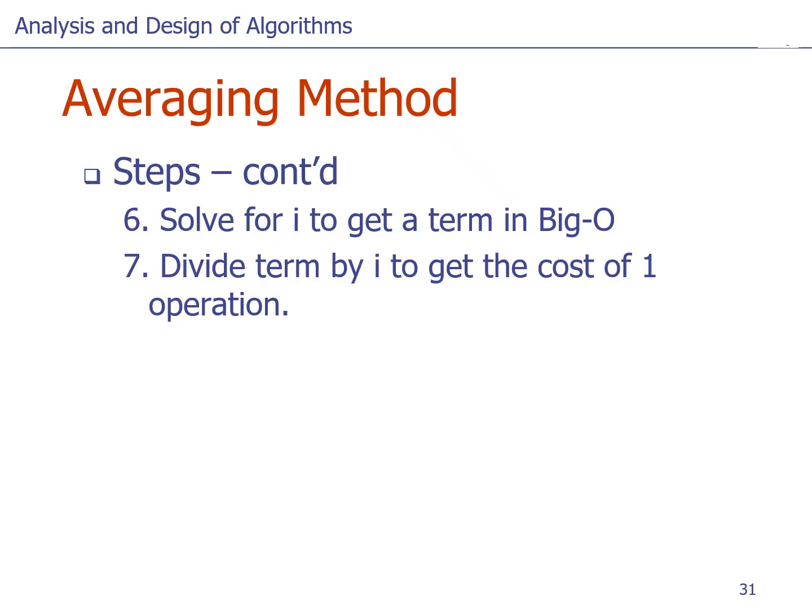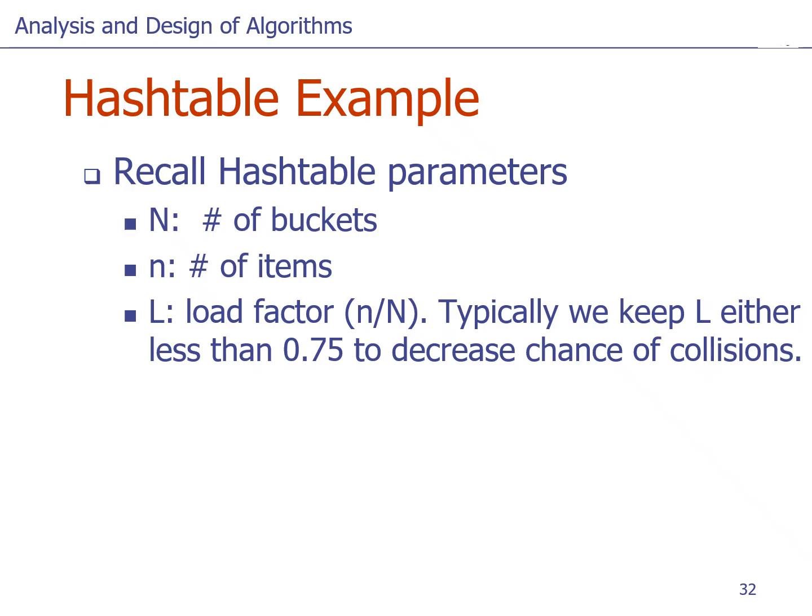And then we will assume that I operations have been executed. And then we will compute the cost of running those I operations as one thing. And finally, we will divide by I to get the cost of one operation. Let's see an example.